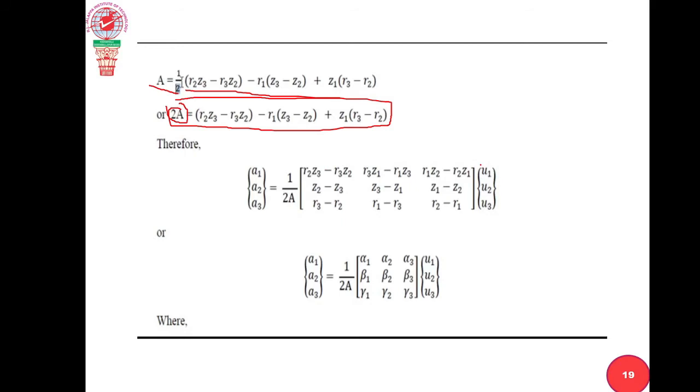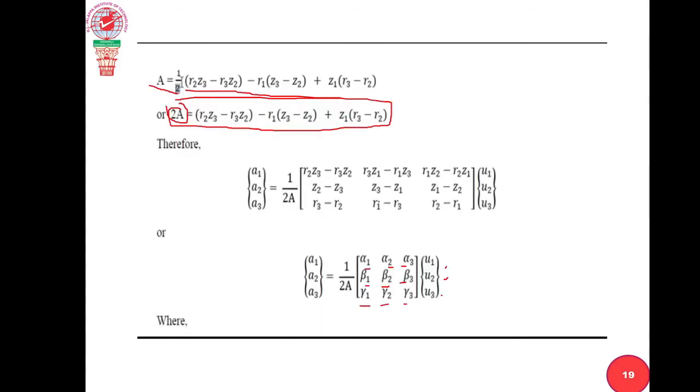Now, here very important, please kindly observe. Therefore, A1, A2, A3 is equal to 1 by 2A times the matrix alpha 1, alpha 2, alpha 3, beta 1, beta 2, beta 3, gamma 1, gamma 2, gamma 3, into U1, U2, U3. What are alpha 1, beta 1, gamma 1, alpha 2, beta 2, gamma 2, alpha 3, beta 3, gamma 3?